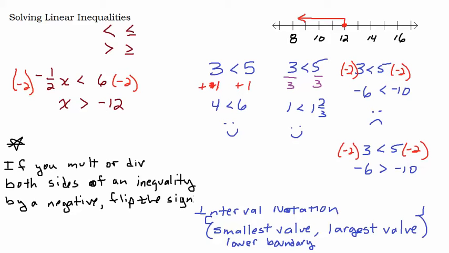Flip the inequality sign. Okay? So solve it just like you would normally, but if you multiply or divide both sides of an inequality by a negative, you need to flip the sign.